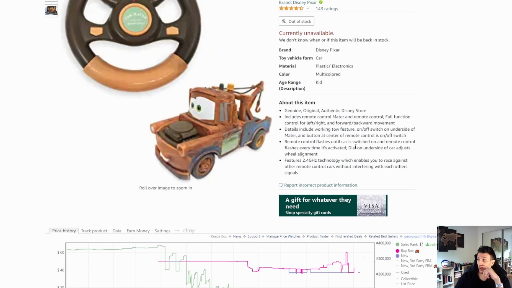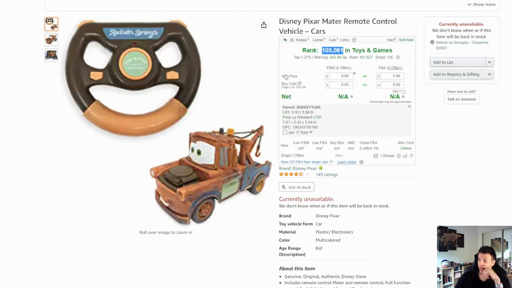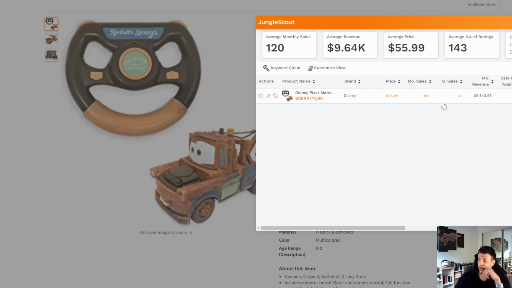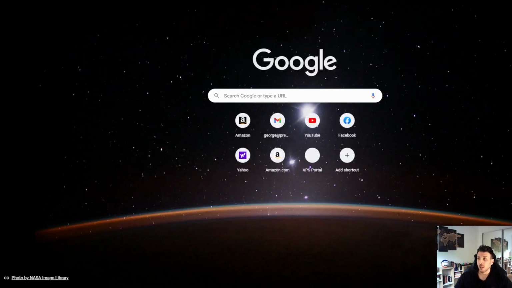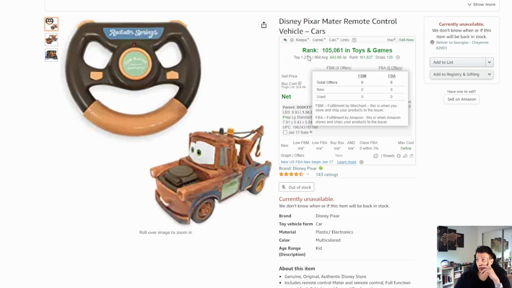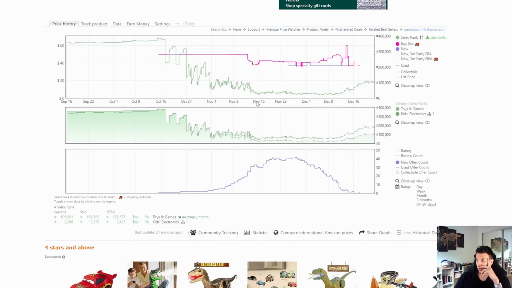When we look at Jungle Scout at the moment, it's actually giving us data based on its current BSR. If you wanted to, you could just go to the Jungle Scout Estimator and punch in those details. You can punch in this average here, which I would say is around 35,000.